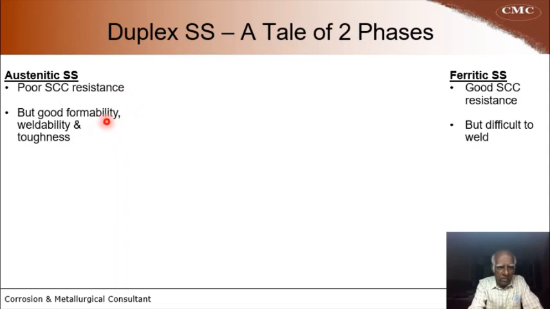But it has got good formability, weldability and toughness. On the other hand, duplex stainless steel will also have ferritic phase, which will have a very good resistance to stress corrosion cracking but is difficult to weld. So when you mix both of these around 50-50, you get a combination of properties.